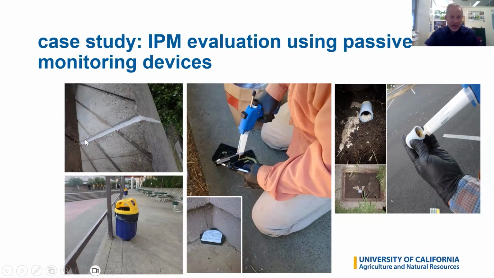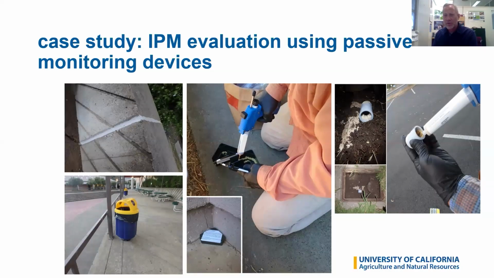We tried to eliminate the landscape crevices where the cockroaches were living. We raised these trash cans on pedestals so that the cockroaches could not hide underneath. And then we applied large amounts of cockroach gel bait that was labeled for outdoor use.